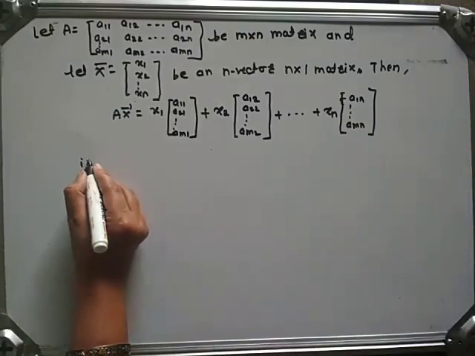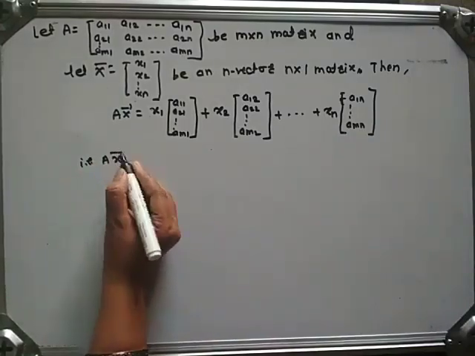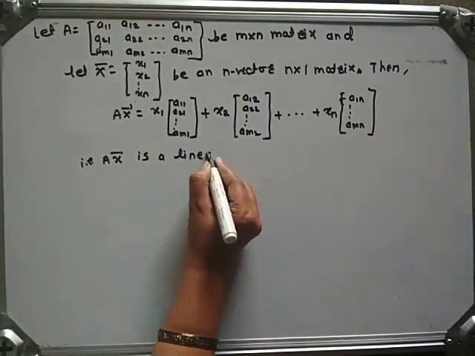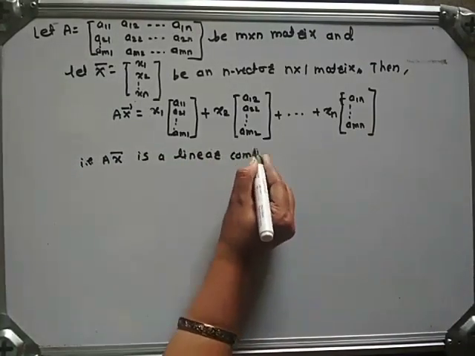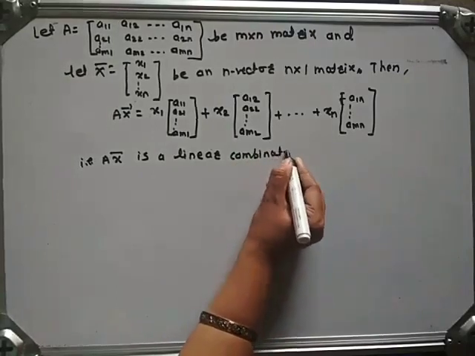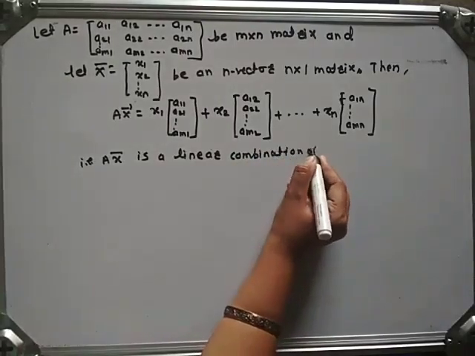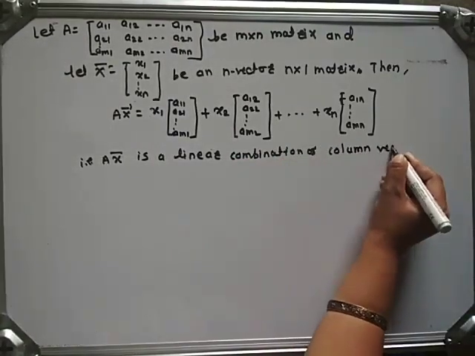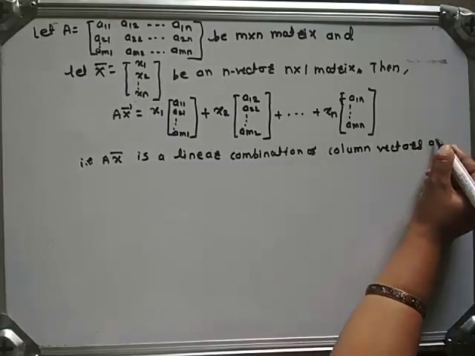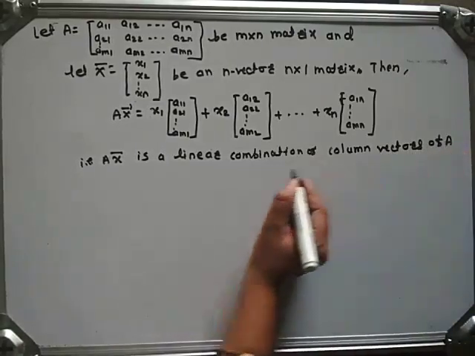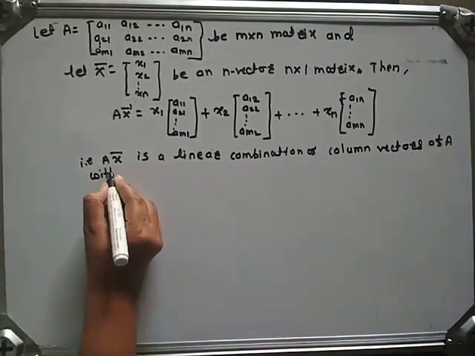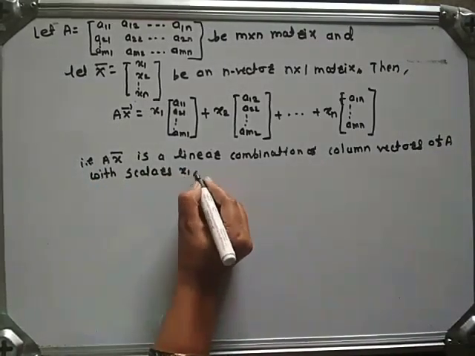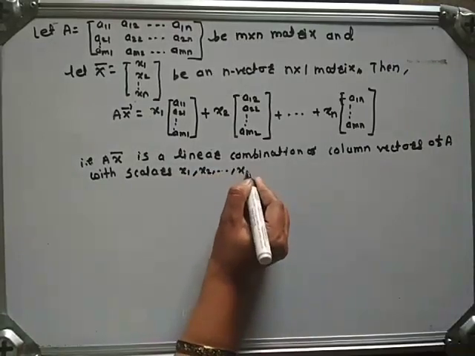That is, A into x bar is a linear combination of column vectors of A with scalars x1, x2 and so on up to xn.